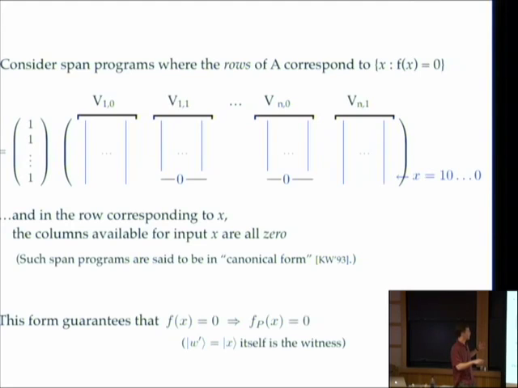And the point is, on this input it has to evaluate to false, because you're only allowed to use columns that in this row have zeros and you're trying to reach a 1. So imposing this canonical form on the span program forces that when the function evaluates to 0, the span program evaluates to 0. We still need to come up with the other condition, that when the function evaluates to 1, the span program evaluates to 1. But we've solved half our problem just by choosing the form properly.